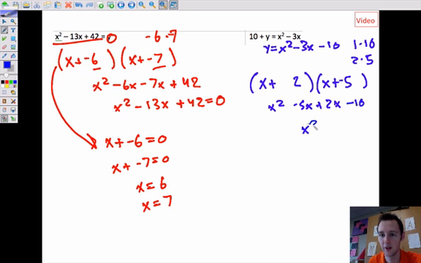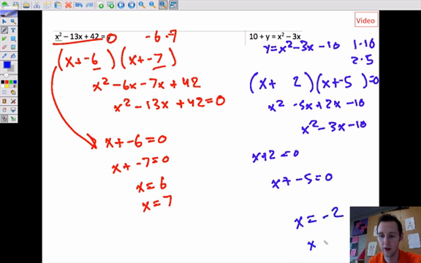And that is x squared minus 3x minus 10. So this is all set equal to 0. So x plus 2 equals 0, or x plus negative 5 equals 0. And x equals negative 2, or x equals 5.